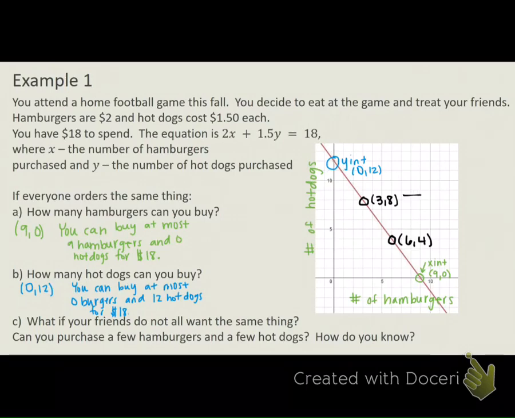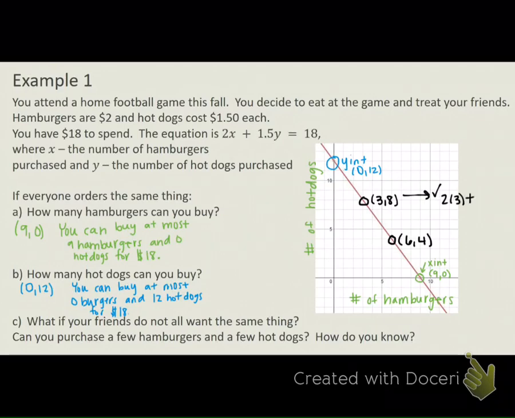Do you know how you can check that? Plug it into the equation. So that's 2 times 3 plus 1.5 times 8 has to equal 18. Is 6 plus 12 18? Yes. So that works. Okay, if we check this one, 2 times 6 plus 1.5 times 4 equals 18.